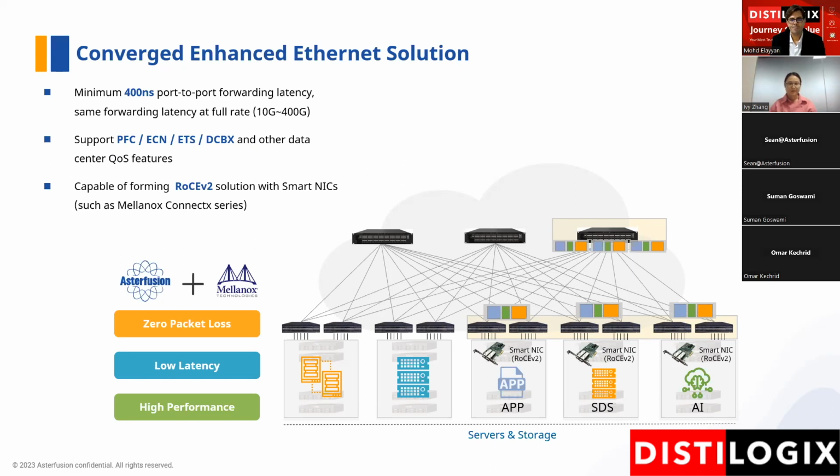CXN has a minimum 400 nanosecond port-to-port forwarding latency, and by developing data center queue features like PFC, ECN, ETS, and DCBX, it ensures that there will be no packet loss in the HPC network.